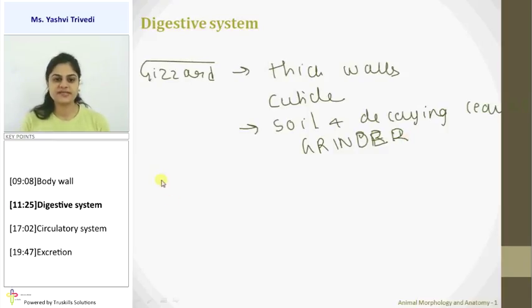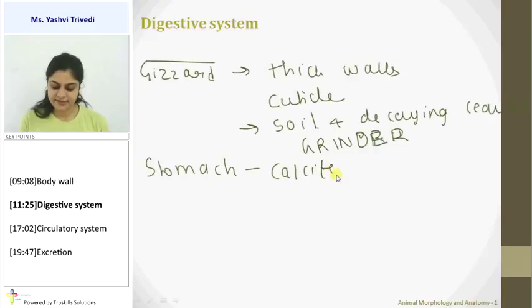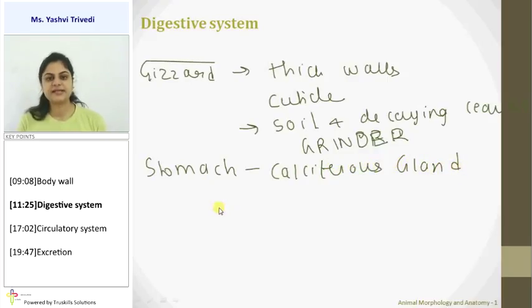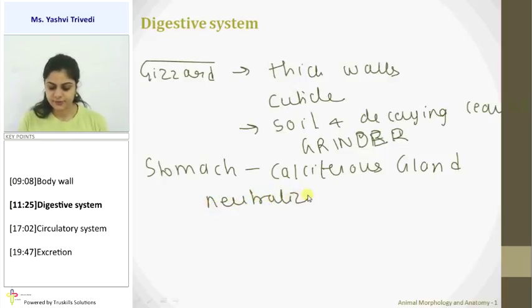After that, the food will be sent to the stomach. In the stomach, specific glands are present which are called calciferous glands. Calciferous glands will neutralize humic acid, which is present in humus and is not good for the body.